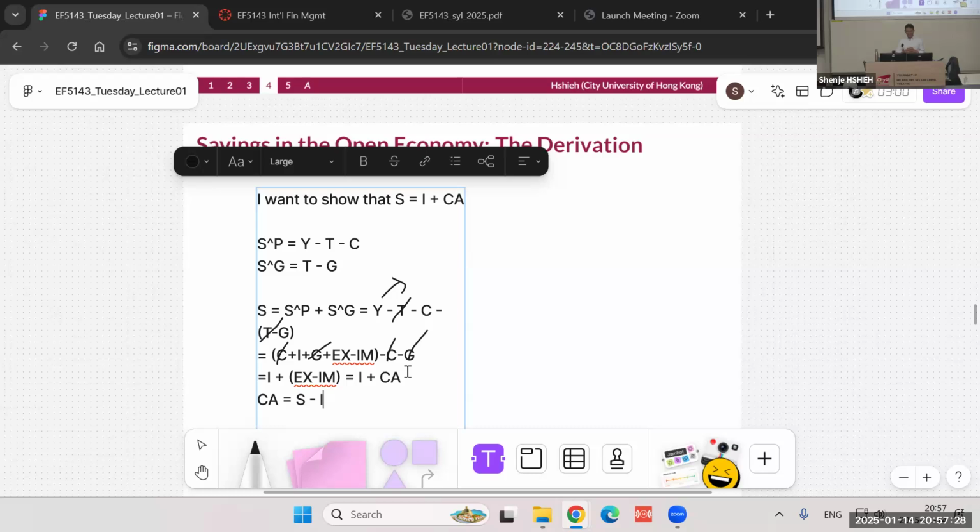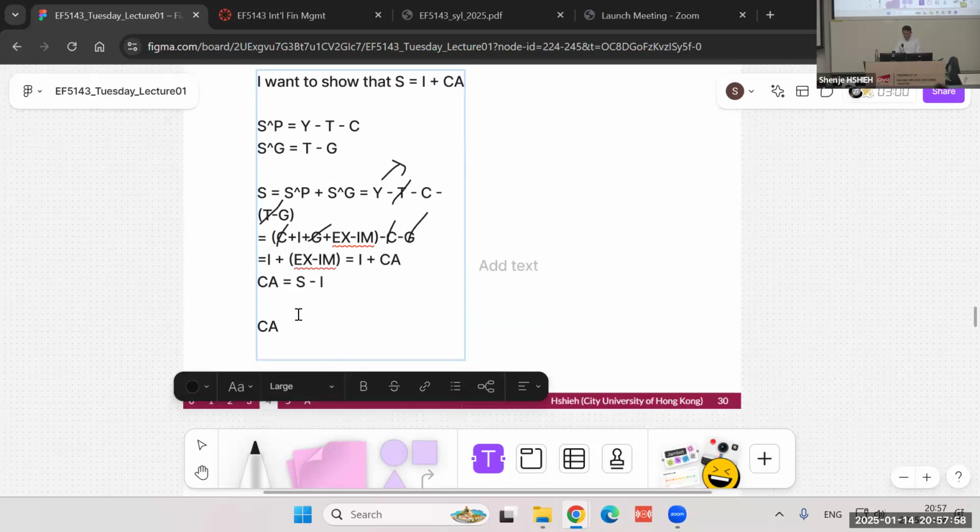Can you be a net FDI receiver and also be a net exporter? Is there anything that's contradicting each other? If you receive a lot of foreign direct investment, that means you are receiving loans from abroad, right? Which also means that maybe CA is negative, right?